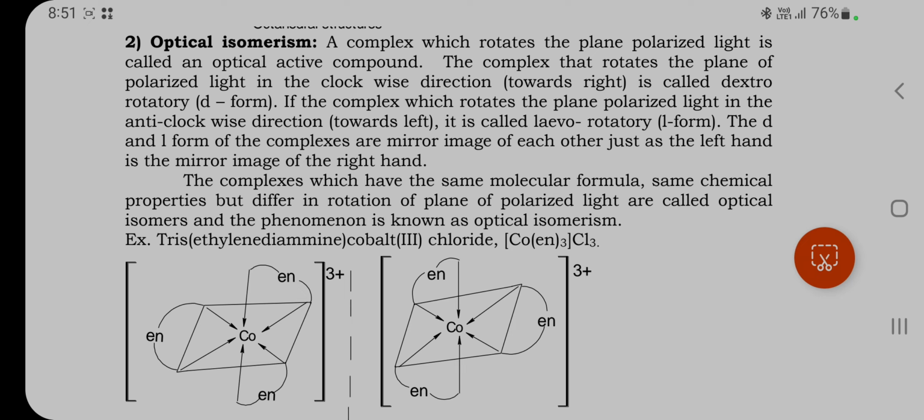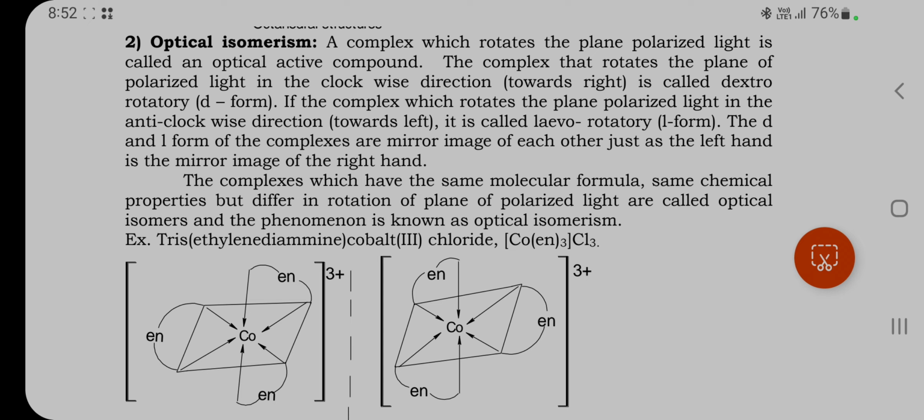The complex that rotates the plane polarized light in a clockwise direction, that is towards right, is called dextrorotatory, or the D form, and the complex which rotates the plane polarized light in the anti-clockwise direction or towards left is called levorotatory, that is the L form. The D and L forms of the complexes are generally mirror images of each other.